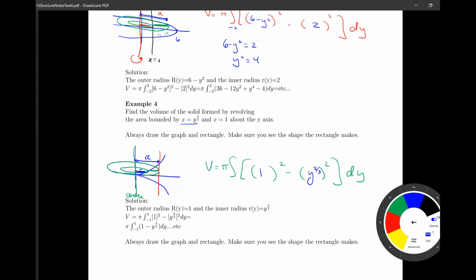And now I'm going to be finding on the y-axis where I am beginning and ending building rectangles. So if I set y to the 2/3 equal to 1, take 1 to the 3/2 power, take the half power, that's plus or minus, because I take the square root, positive and negative 1, and I cube it, and that gives me positive and negative 1.